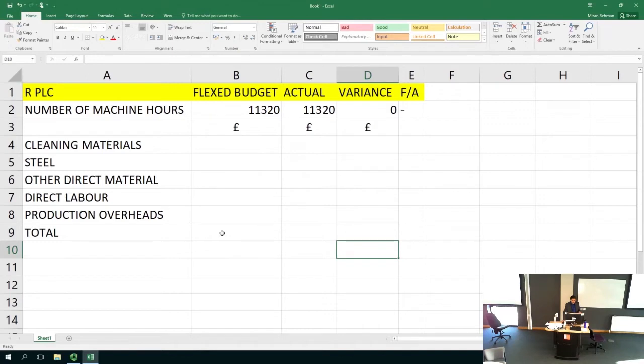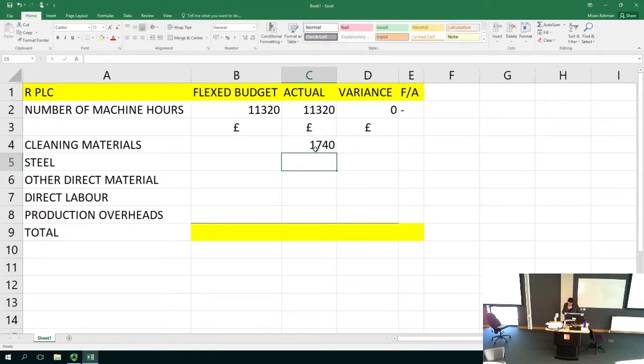And for this, you're going to have to do workings. So it's important that you do workings for each bit so that your answer is clear. What we can do here is simply place the actual data from the question.